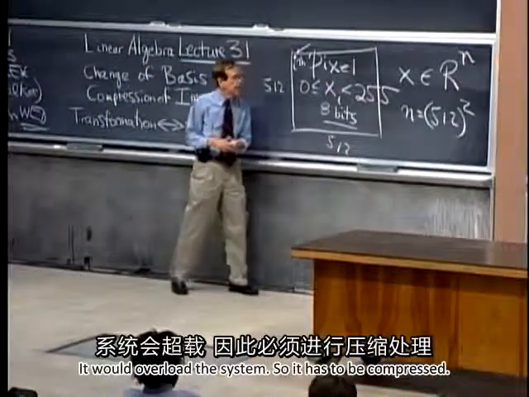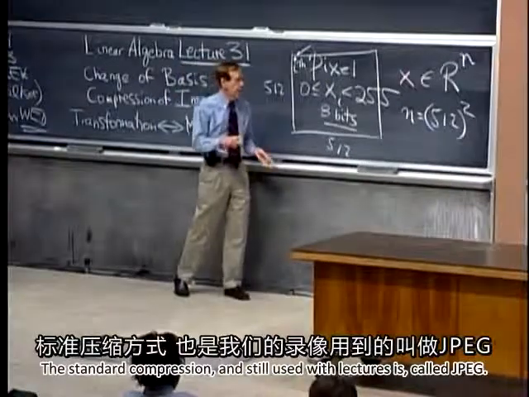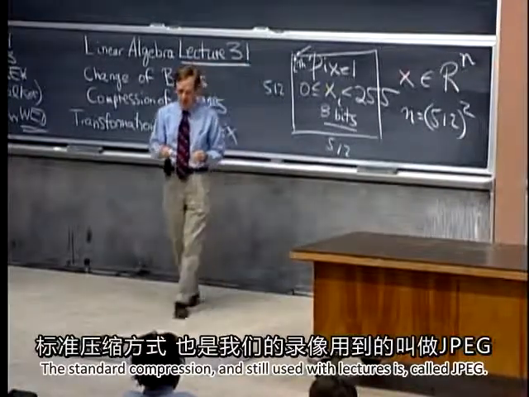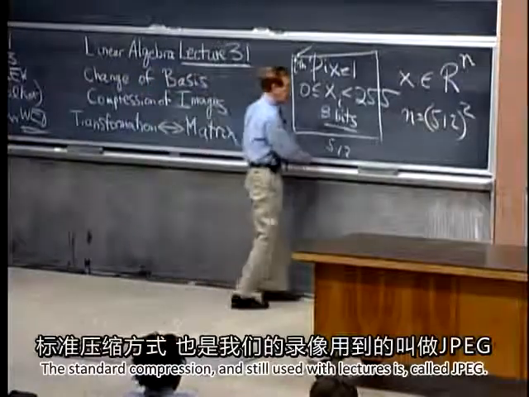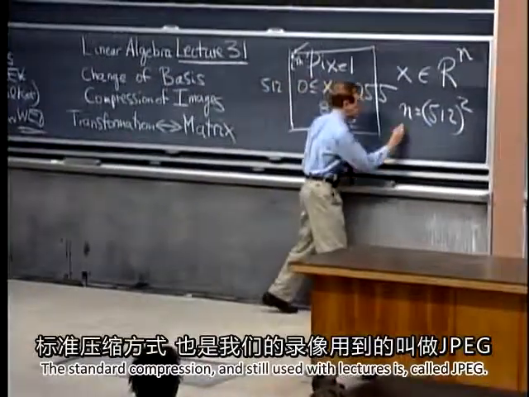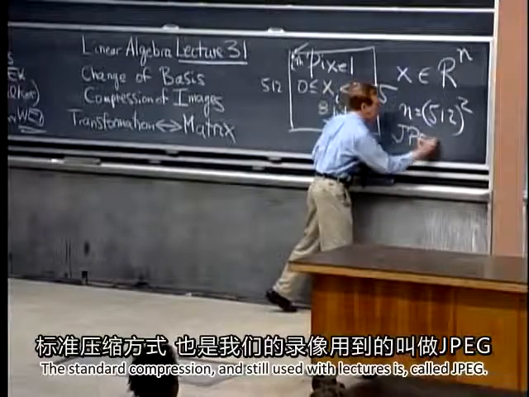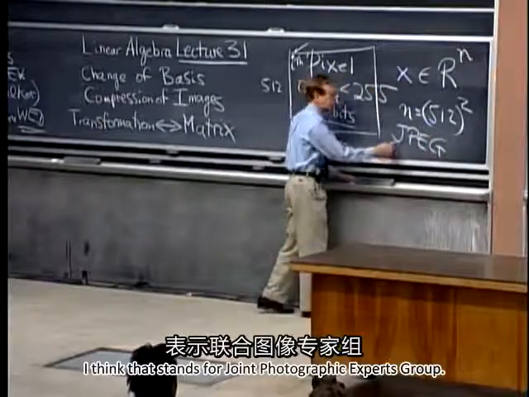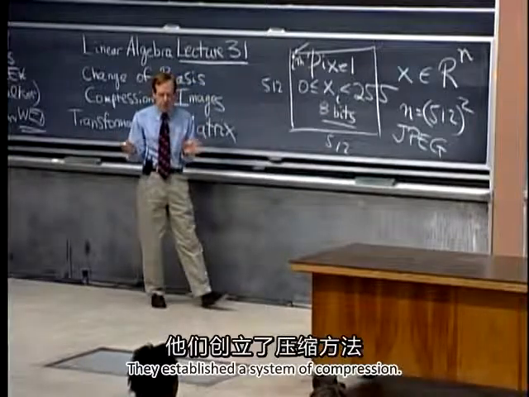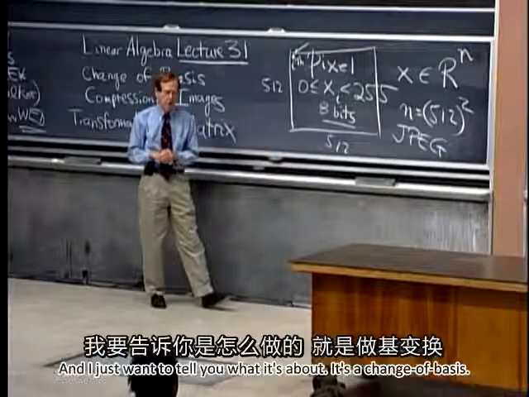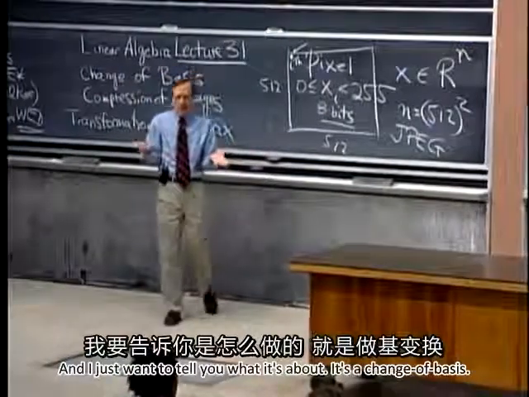So it has to be compressed. The standard compression, and still used with these lectures, is called JPEG. I think that stands for Joint Photographic Experts Group. They established a system of compression. And I just want to tell you what it's about.